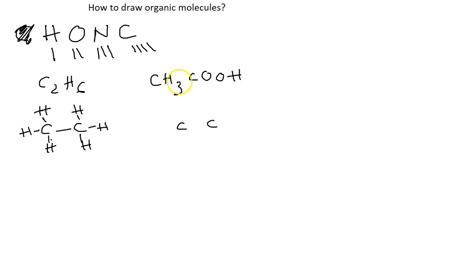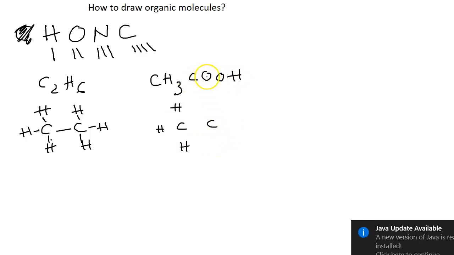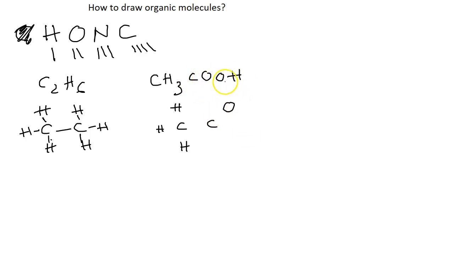Then H3 means that all 3 hydrogens are connected to the first carbon, so I'm going to write the 3 H out: 1, 2, 3. And then OOH means you're going to have an O, and an OH means the H is connected to this O, so you have an O and then an H connected to this O.